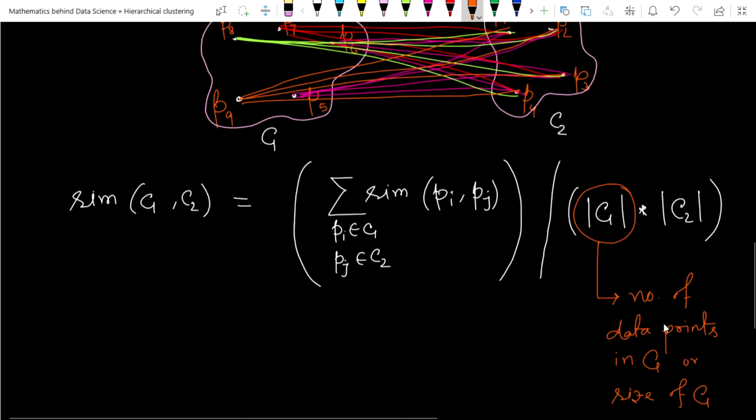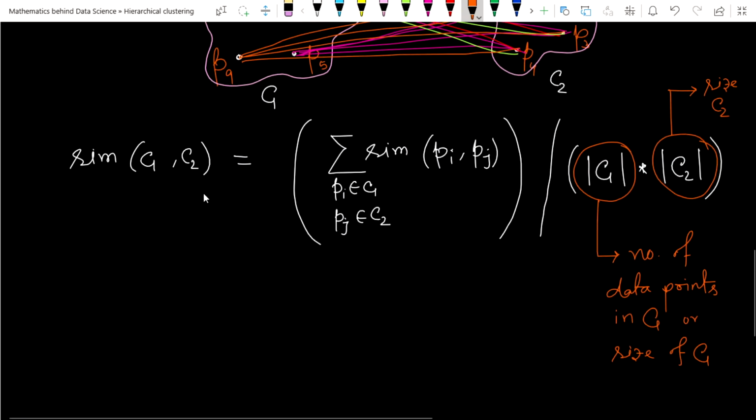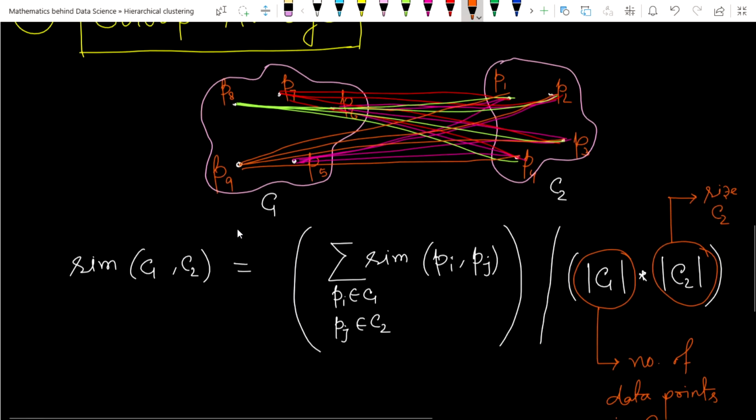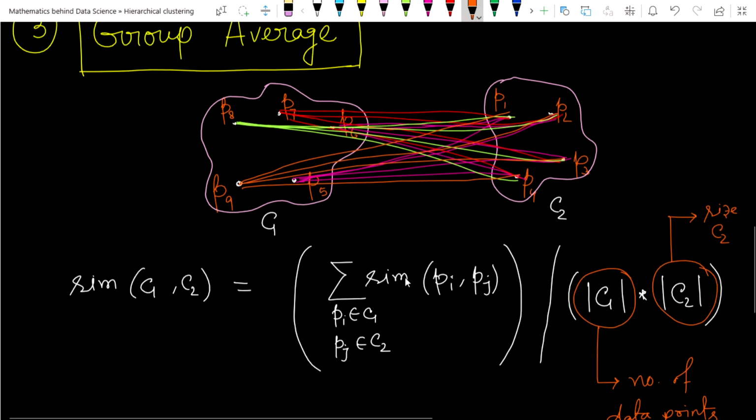Similarly here, this is the size of C2. We have to calculate the proximity value between two different clusters by using the group average. This is simple, we have to use the concept of mean. Okay, I think you understand.